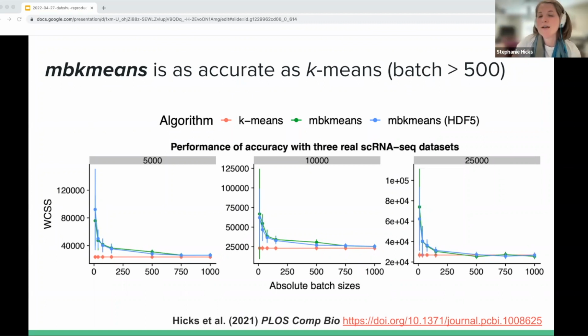Within cluster sum of squares is basically saying how tight are those clusters. Whenever you have a really small batch size, those clusters are not really tight. As you increase the batch size, the cluster density gets tighter, and the criterion converges to what it is for k-means. It stabilizes is a way of thinking about it.